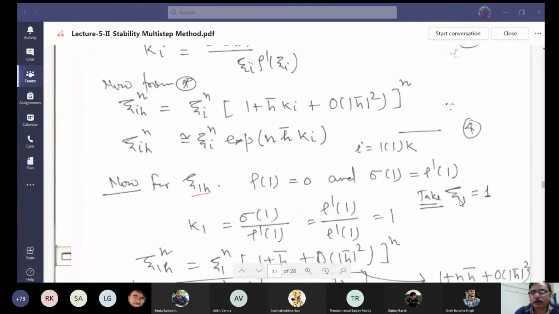So what will be k_1 then? Corresponding to xi_1, we fix that xi_1 is 1, because we know that 1 is the root of rho(xi) = 0, because rho(1) is 0.